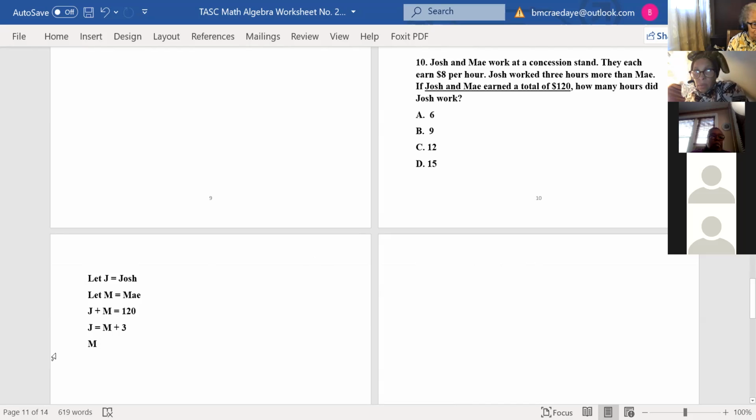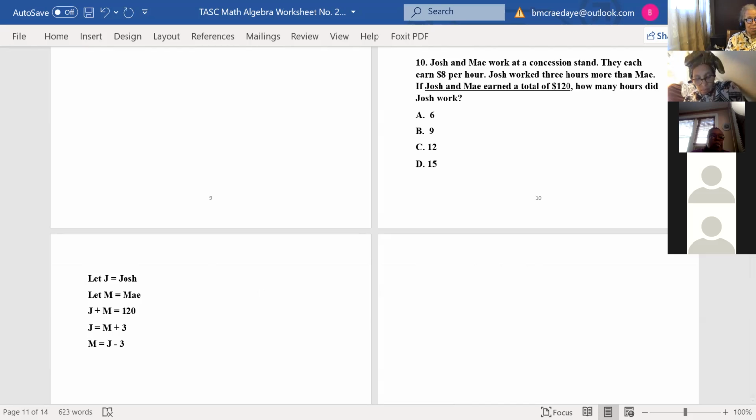In other words, how do you solve this for M? I'd have to subtract 3 from both sides, right? So M would be J minus 3.